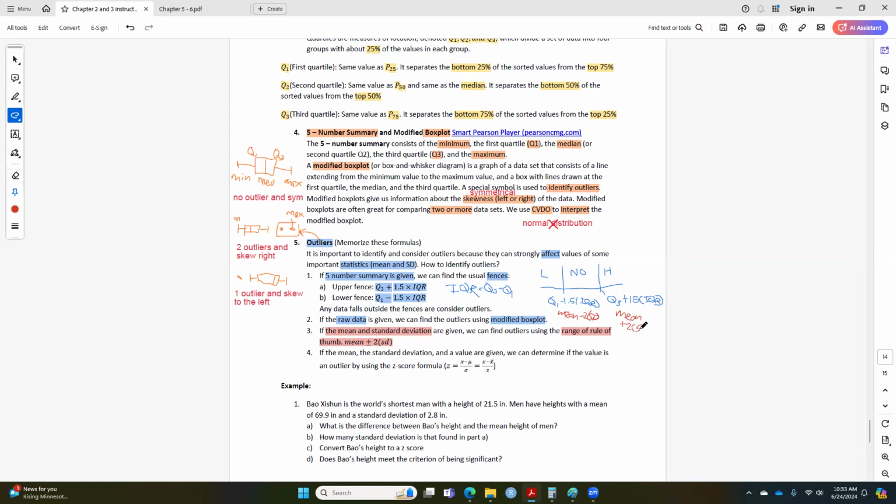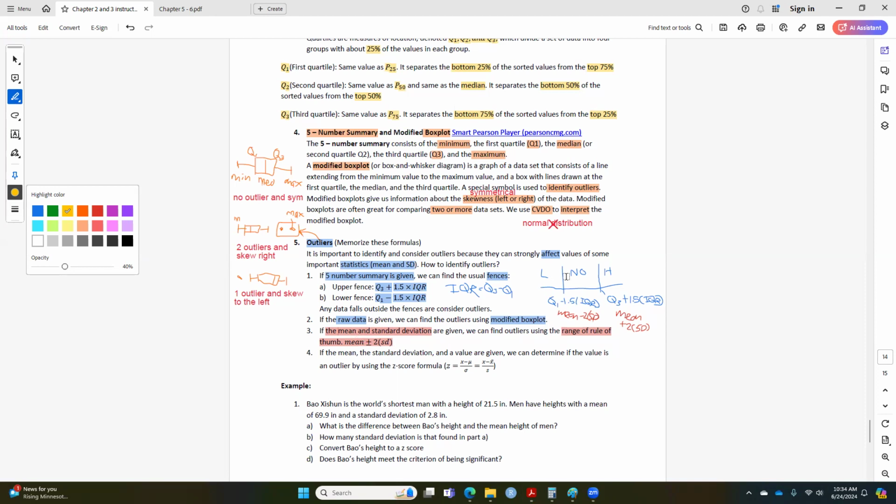Again, a lot of students get confused between the range rule of thumb and the 5-number summary, because for the 5-number summary we use the number 1.5, but if you use the RROT, you use the number 2, plus or minus 2. A lot of students get a little bit confused here because of that. They switch them around and then you get it wrong. Okay, I think we talked about this before in your previous section.